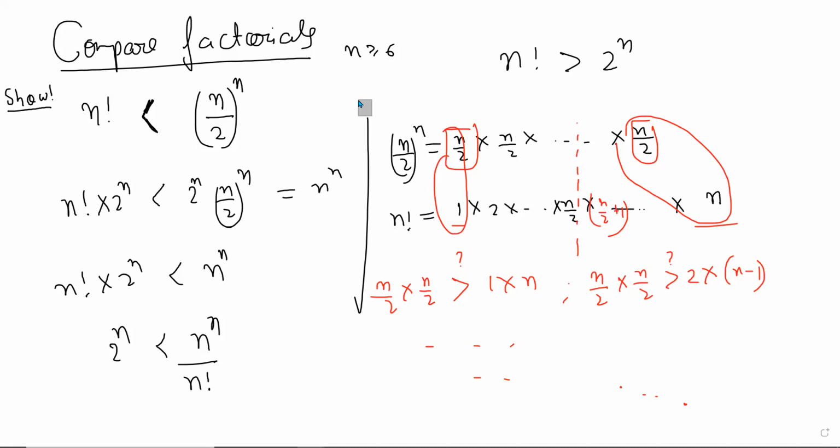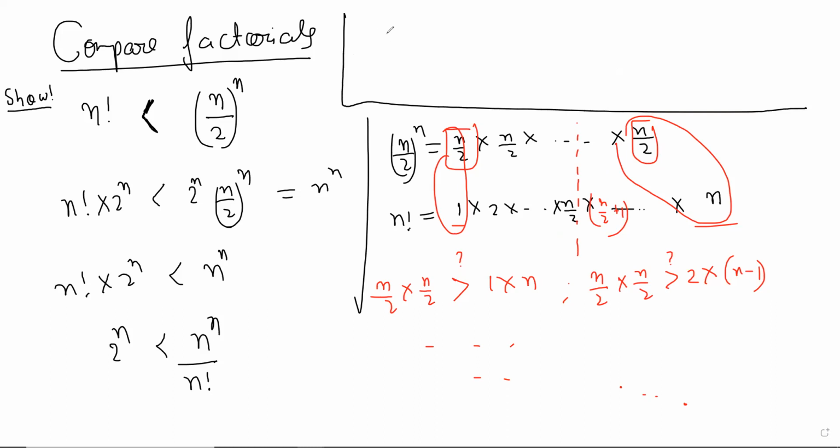But let me give one more question for you guys to think about. So this is definitely there, you should do it. And there is one more question which is rather interesting. So we know that n factorial and n to the n and so on we compared, right?